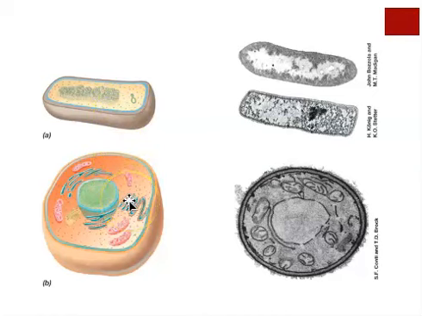But there are additional structures that you find in a eukaryotic cell that you won't find in a prokaryotic cell. And of course, those are the organelles. Notice that the DNA in a eukaryotic cell is housed in a nucleus. That's what's represented by this circular structure. There are layers of what's called endoplasmic reticulum surrounding the nucleus.